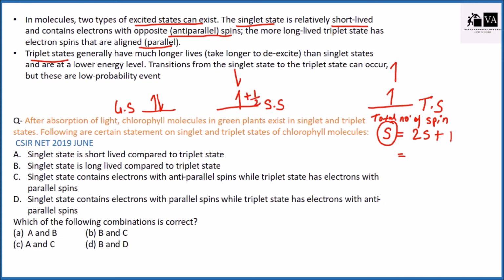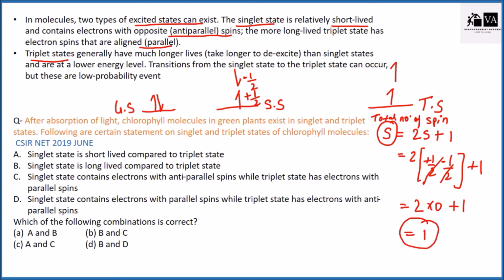This is plus half and this is opposite, so this is negative half. Plus half and negative half cancel out, so S is 0 and 2S + 1 gives 1. The total number of spin in the singlet state is 1. That is why it is called the singlet state.